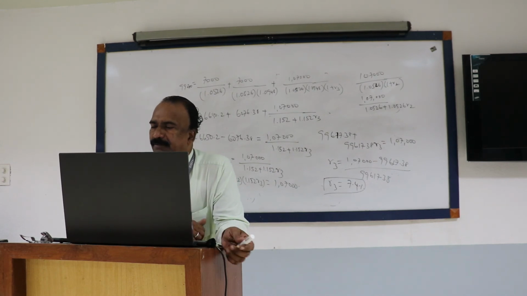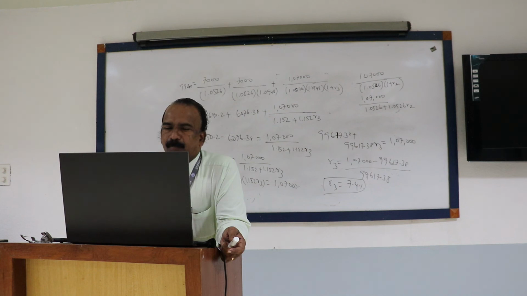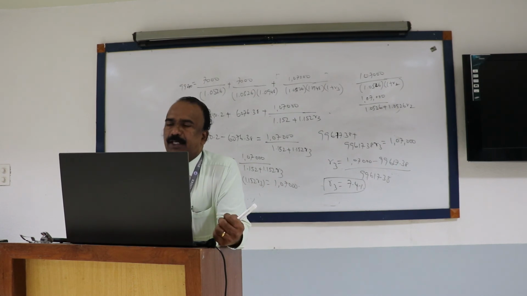R4 you have to calculate. There's no equation. The last thing will be the maturity value, because it's a 4-year period, so for the fourth year you will get back your money. That will be equivalent to the price.